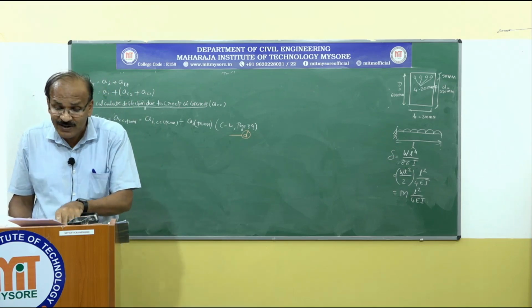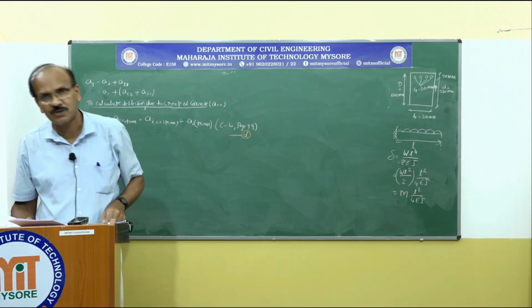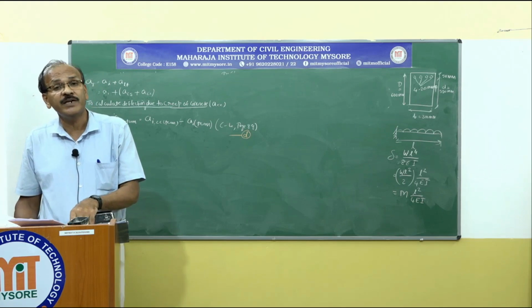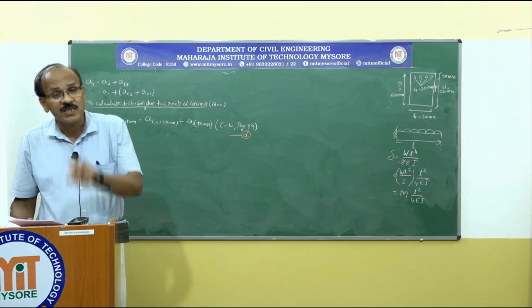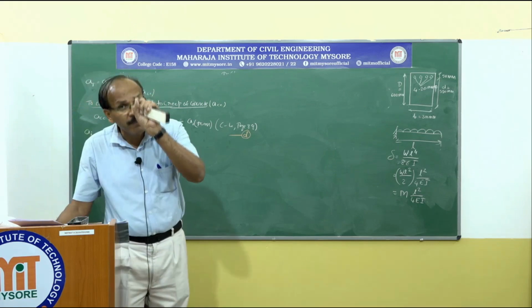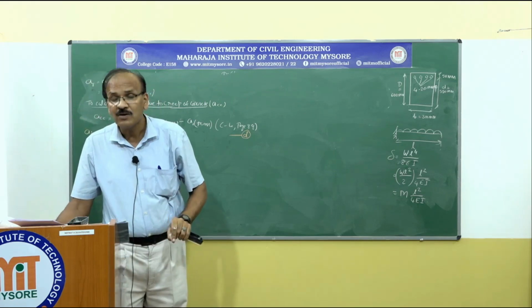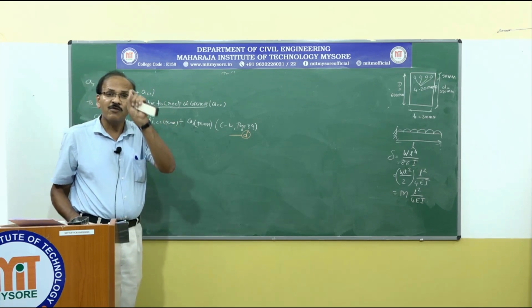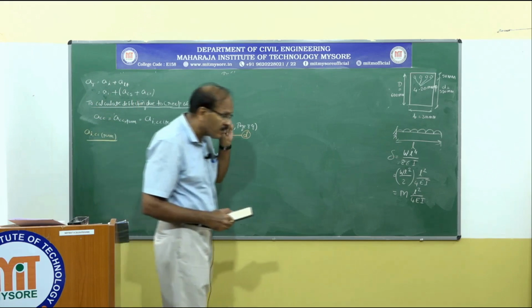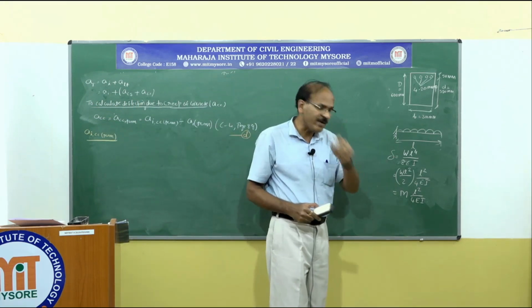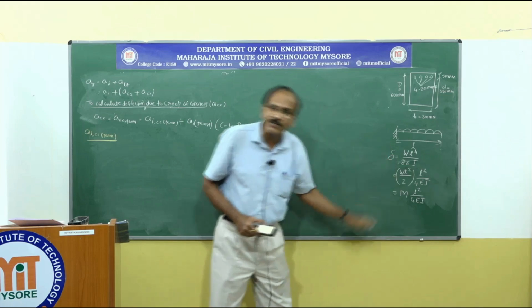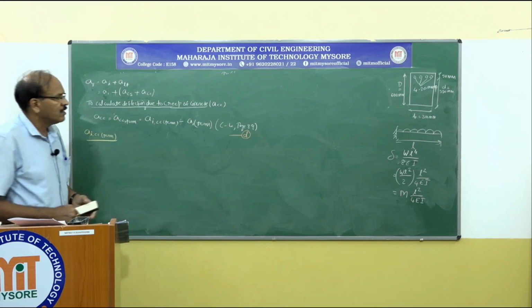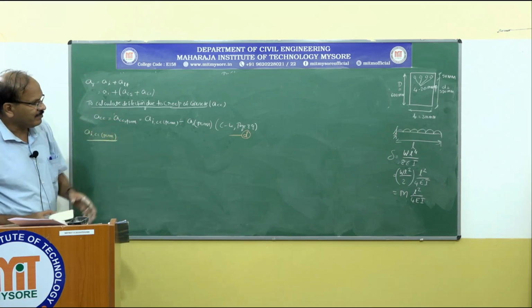Of which 50% moment is due to permanent loads. So total moment is 125 kilonewton meter due to service loads, out of which 50% is the permanent load moment. So 125 kilonewton meter multiplied by 0.5, that is 62.5 kilonewton meter is the value we need to make use of here to find out the deflection. Is it clear?